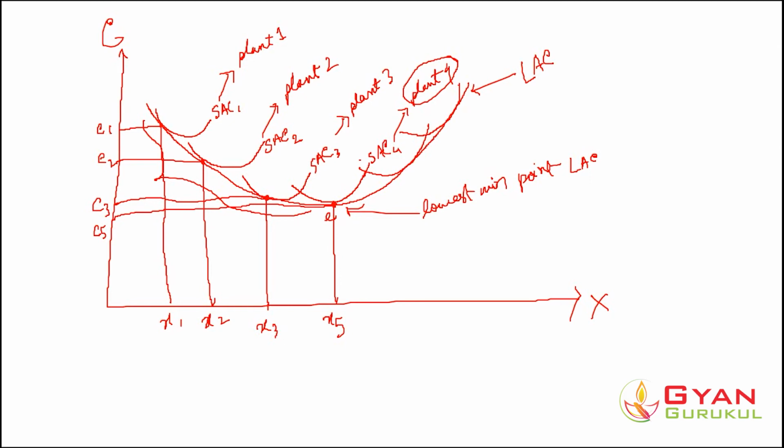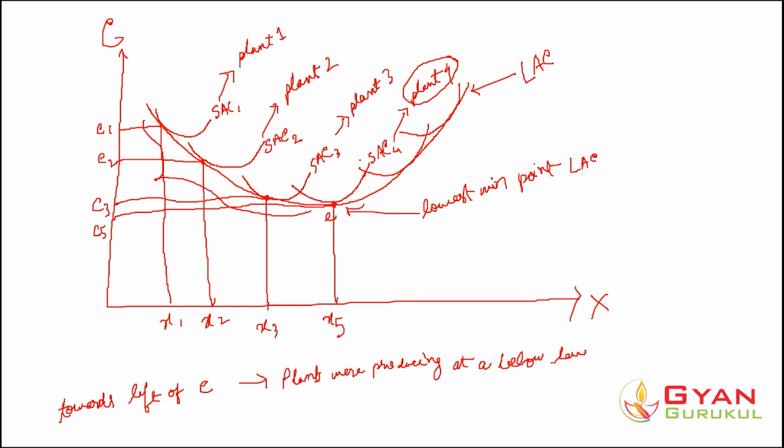The various plants to the left of point E were producing at a level below their optimal plant size, or optimal production, right? The optimal plant size of any plant is achieved at the lowest minimum point of that particular plant's short run average cost curve, right?